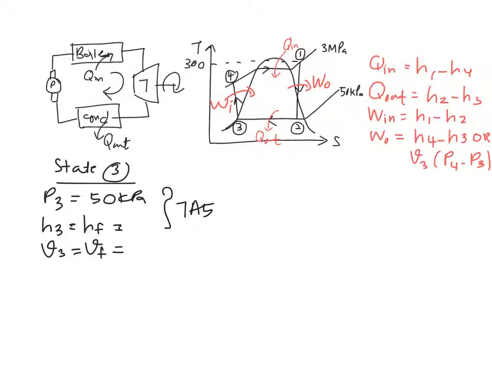Recall from the topic of fluid motion, where specific volume and pressure will give you the work. Because in this case, the function of your pump is to feed this fully liquid back into your boiler so that you can continue the cycle.